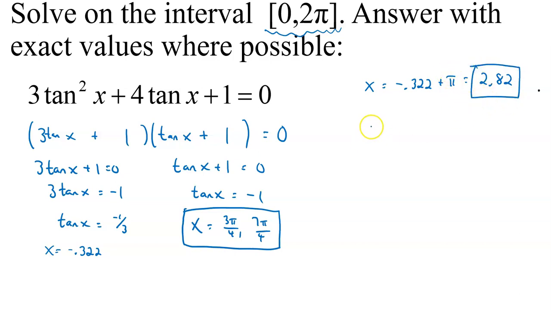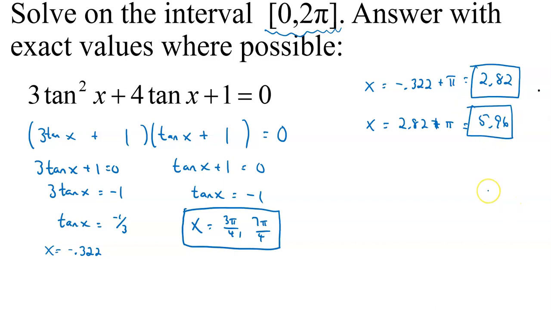Okay. But there's another solution. Remember we said the tangents repeat every pi. So just like 3 pi over 4 plus pi gave me 7 pi over 4, take that 2.82 and add pi, and the other solution is 5.96.